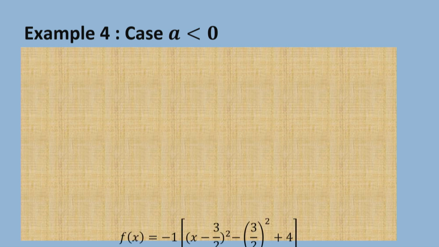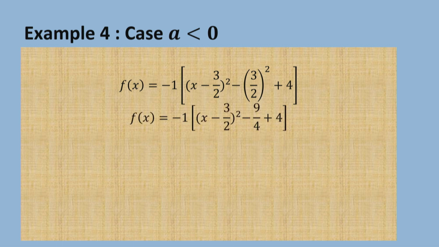And when we simplify that, we shall get -1[(x - 3/2)² - 9/4 + 4], which will be -1[(x - 3/2)² + 7/4].